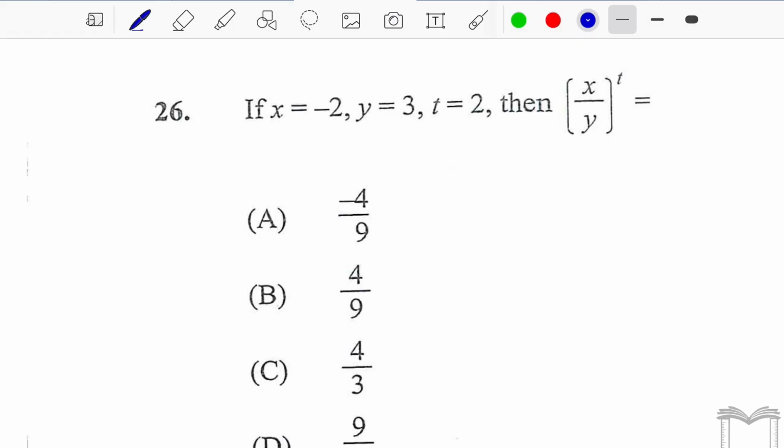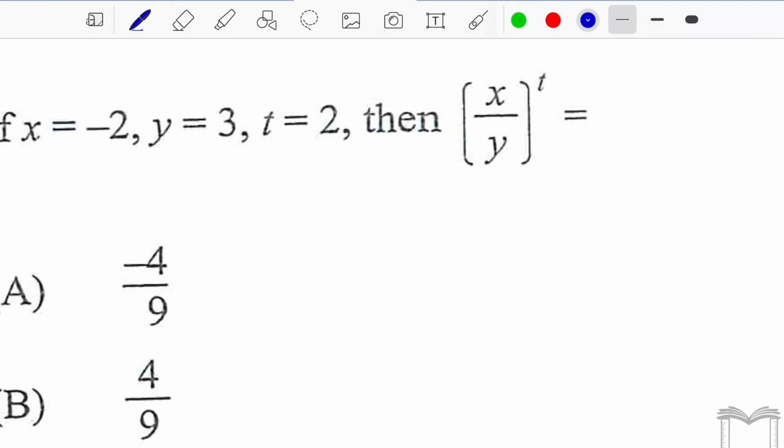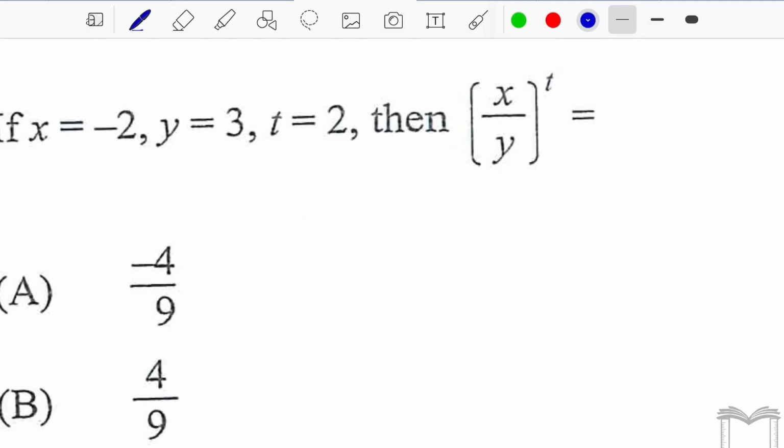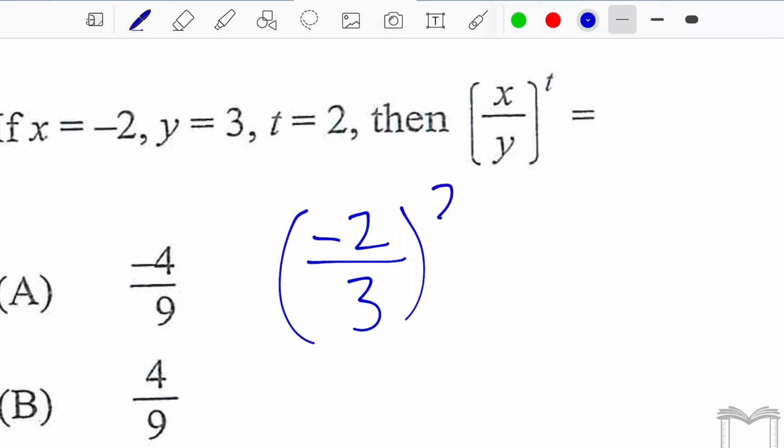Number 26. If x is equal to minus 2, y is equal to 3, t is equal to 2, then this expression is... So let's simply fill in the numbers in the expression. So x is minus 2, so that's minus 2 over y, which is 3, to the power of t, t is 2.